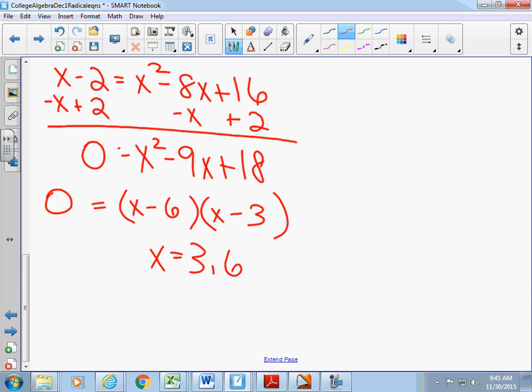So x is 3 and 6. There is a very good chance that one of those doesn't work. There is a possibility that it won't work, but it's pretty rare.